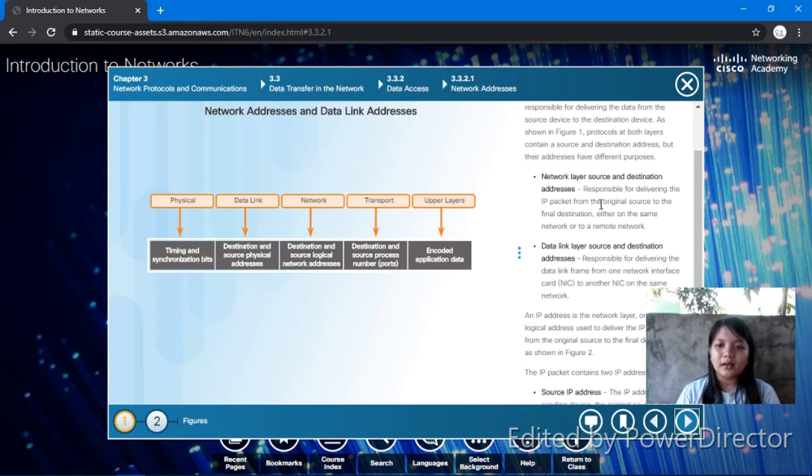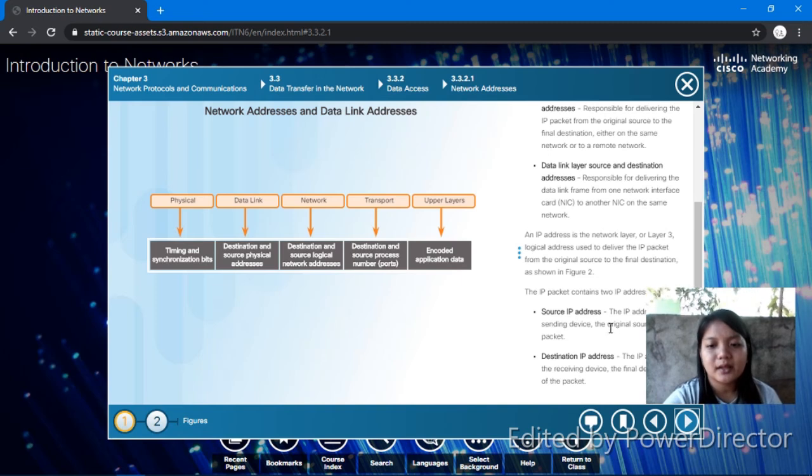The data link layer source and destination addresses are responsible for delivering the data link frame from one network interface card to another NIC on the same network.